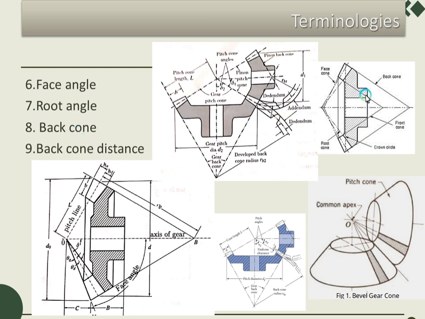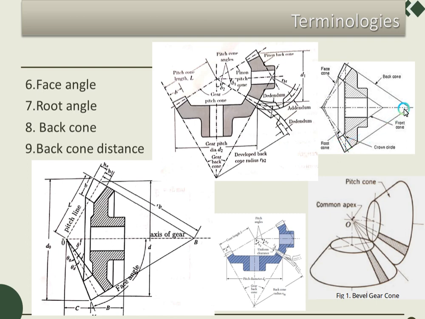Back cone, as you can see, is the cone constructed perpendicular to the pitch cone, or pitch line, we can say. As you can see in this case, it is the perpendicular line drawn to the pitch line or the surface of the teeth.